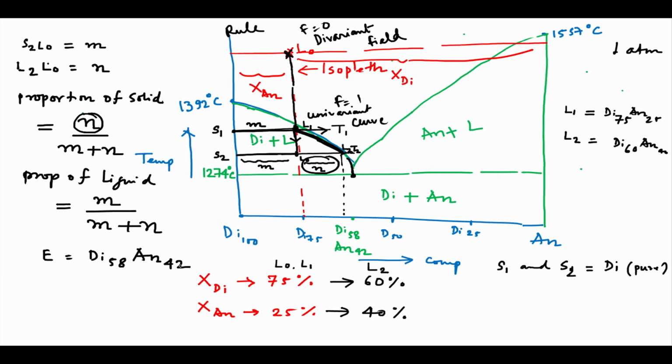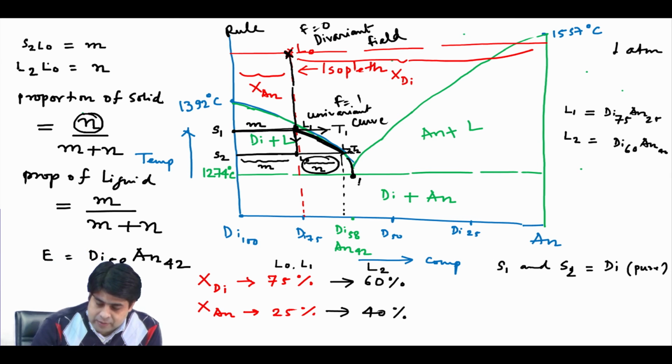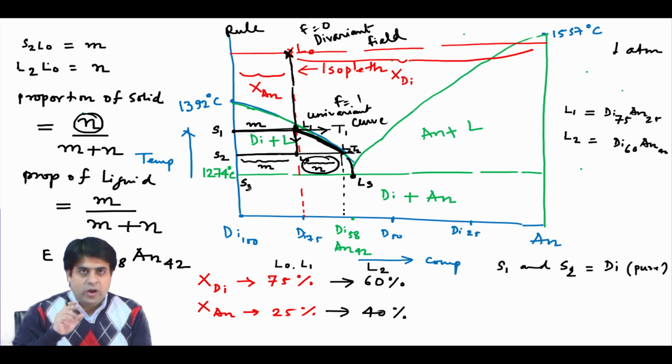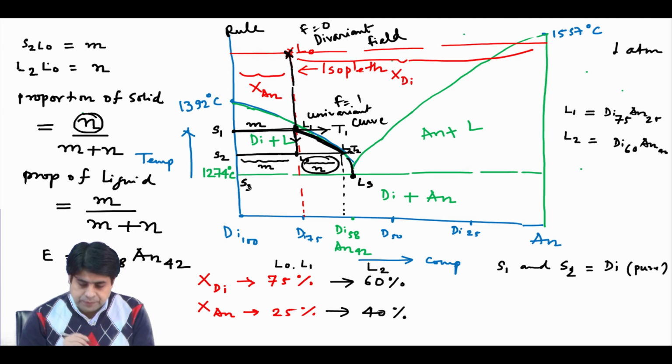Okay. Once you reach this point, suppose your liquid is L3 and your solid is S3. You just started to reach the eutectic temperature, where you still have diopside crystals. Okay. You have not started to produce anorthite now, but at S3 you basically have diopside.